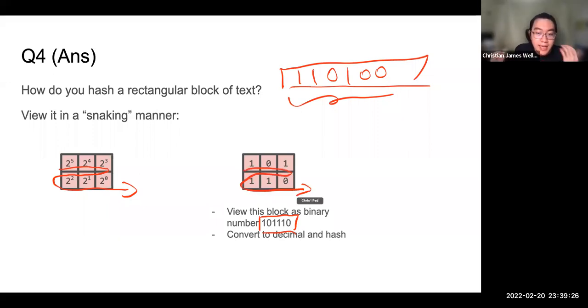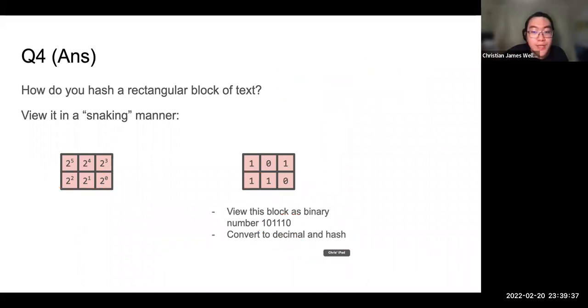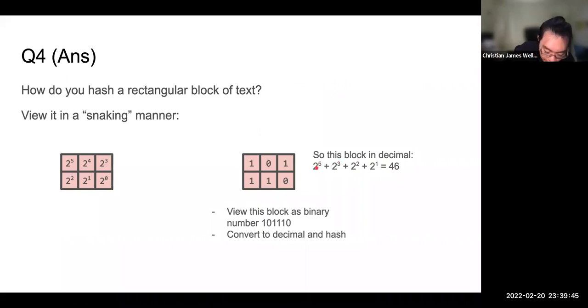That's how you view this block of text as a binary number, and then we'll convert it to decimal and hash it, or conceptually convert it to decimal. So the decimal in this block is 2 power 1 plus 2 power 2 plus 2 power 3 plus 2 power 5, because these terms are 0, so just ignore them.